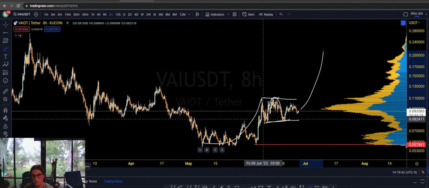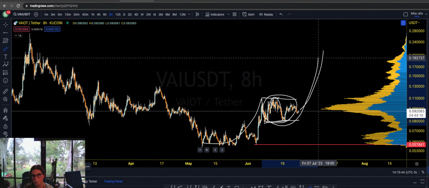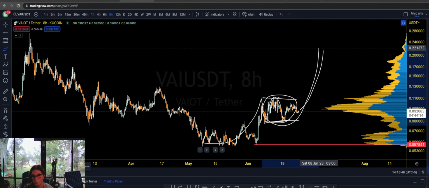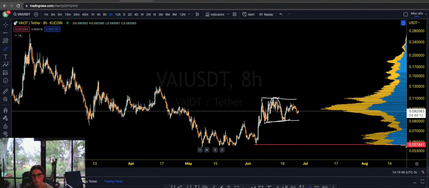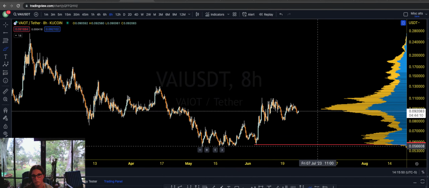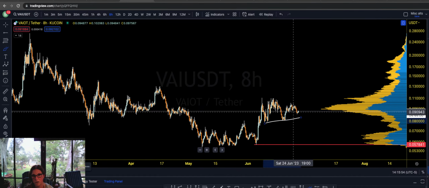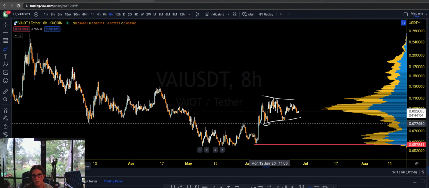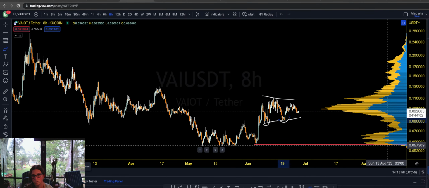This is definitely saying, I want more upside, especially the way it went sideways here, making higher lows. It's saying, I want more up.